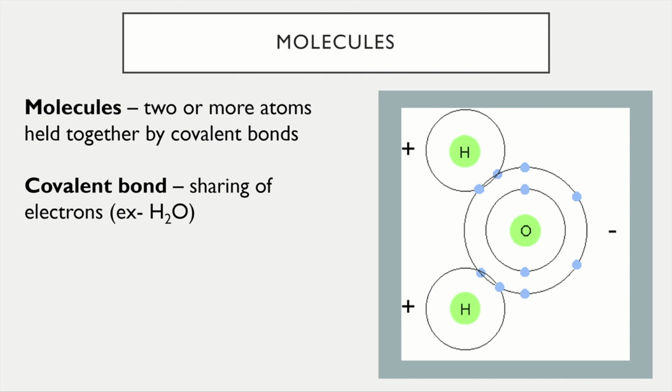Now it wants a full shell of 8 electrons so it can be stable and happy. So it's actually going to share its outer electrons with the outer electron of hydrogen and form these covalent bonds here. And in the end, both hydrogen and oxygen will be more stable and more happy.